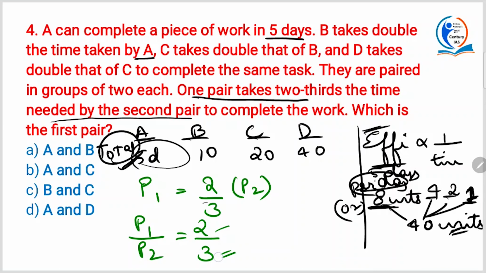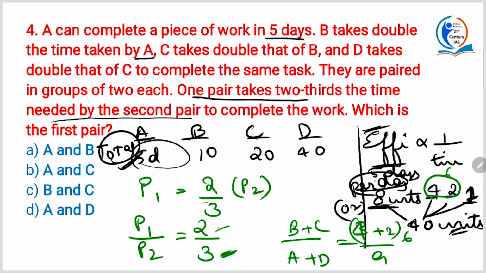Now 2:3. If you look at this one, 4 plus 2 is 6, 8 plus 1 is 9. So A and D will come in the denominator while B and C are in the numerator. 4 plus 2, this is 6, right?